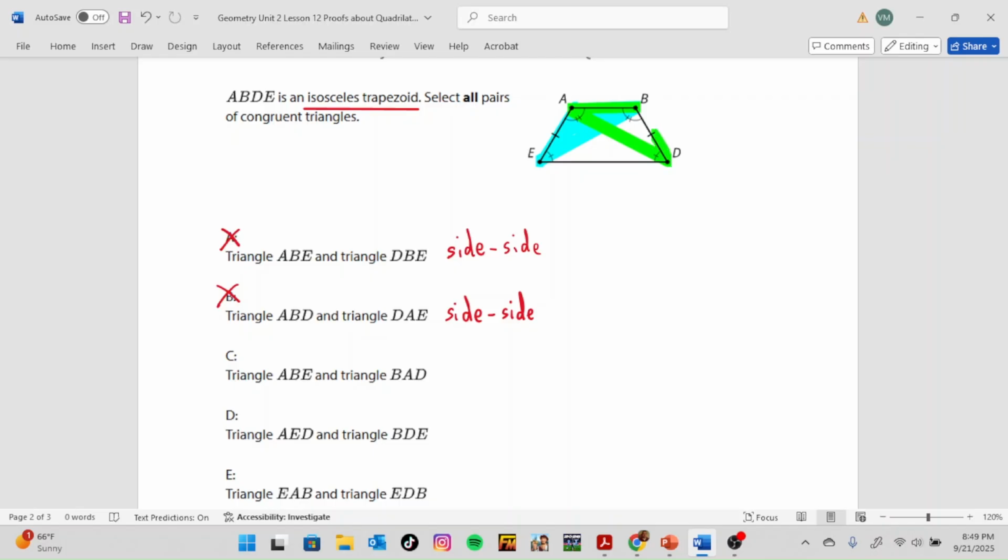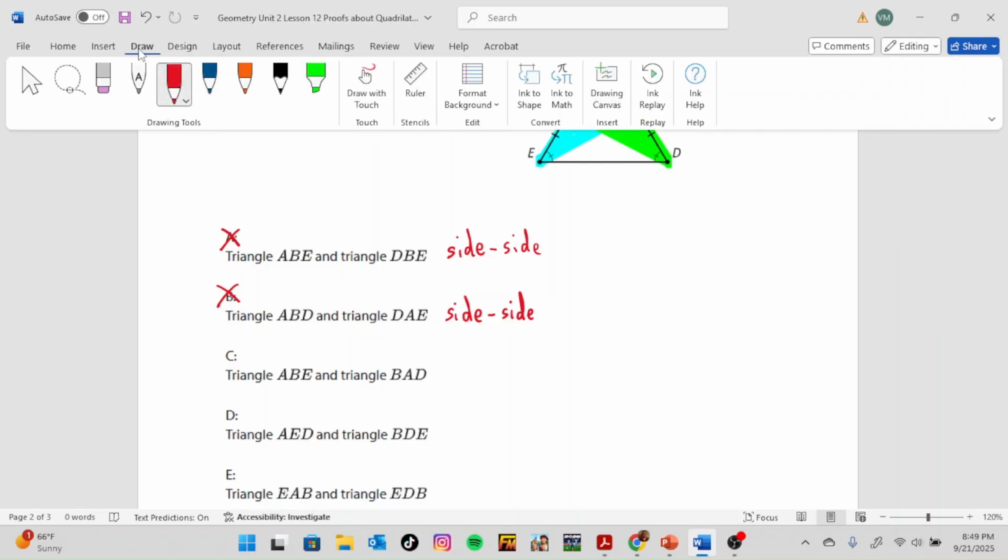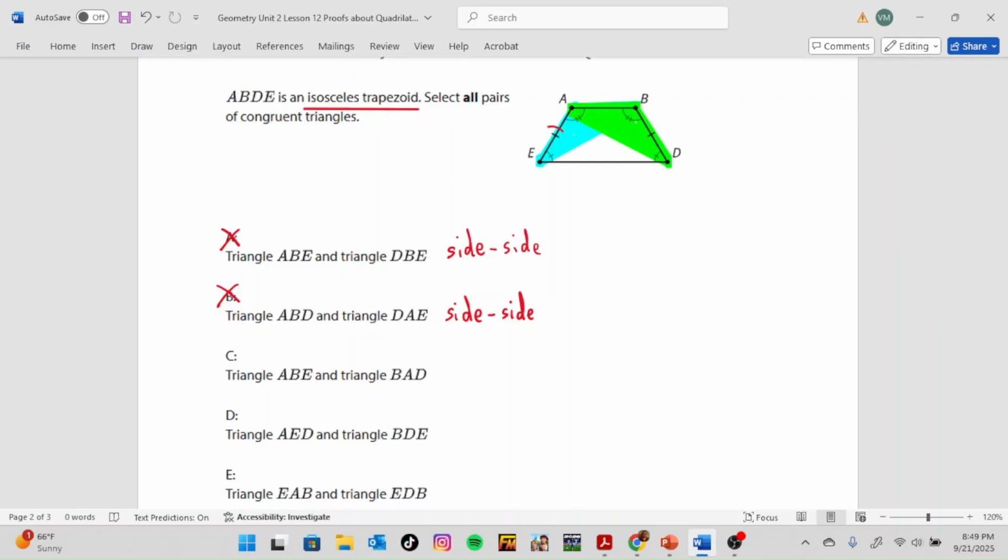This green triangle. Well, first, we know that we have the congruent sides that are marked. So we do have side. Then we know that they share side AB. So that is going to be a second side.